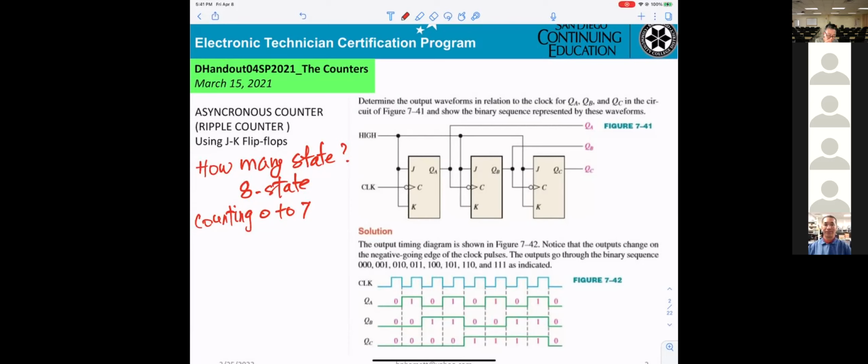The only thing I want to make sure of, when you're looking at the circuitry, is that you know this is a ripple counter. That is the first thing. Second thing, how many states for that counter? That will be 8, and what number the counter can count up to.